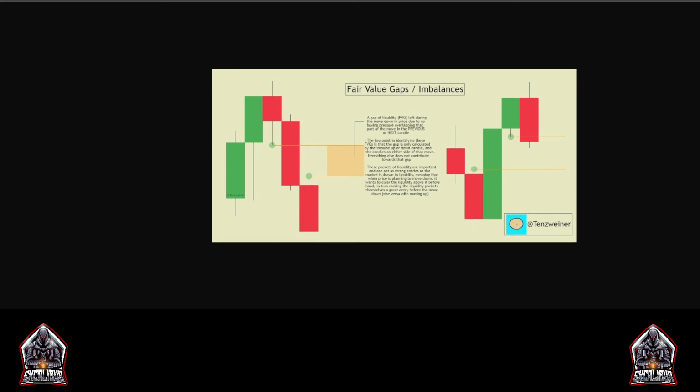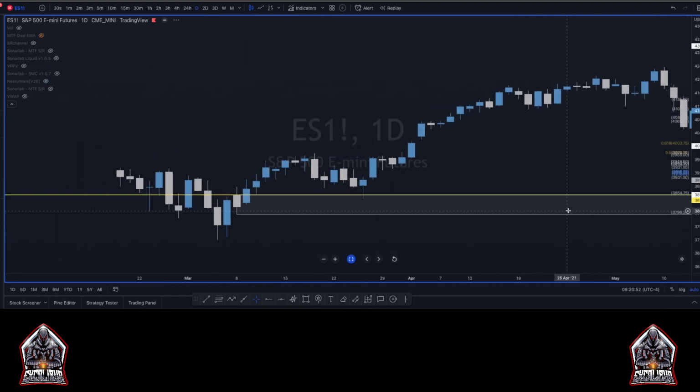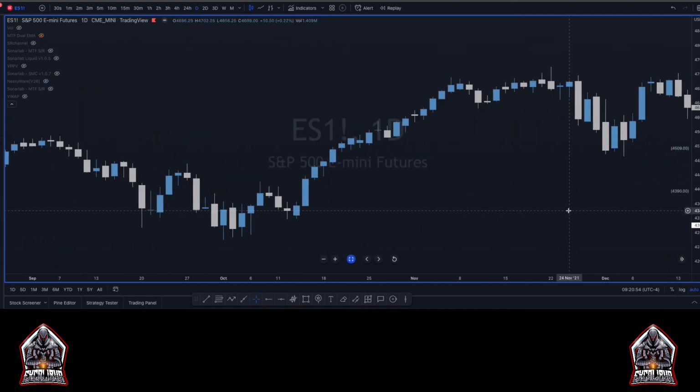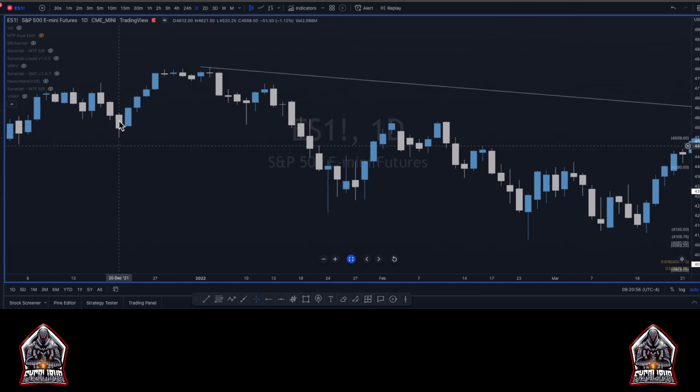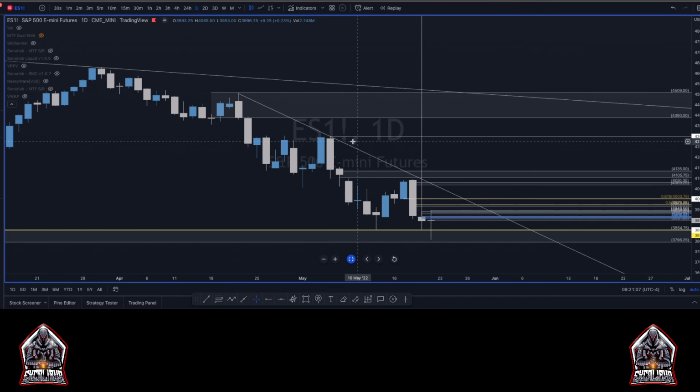You've got to remember the market's driven on volume most of the time. Most of the time we're going to fill in big push-ups. We're actually going to fill back down. It's pretty much everything I have on fair value gaps.